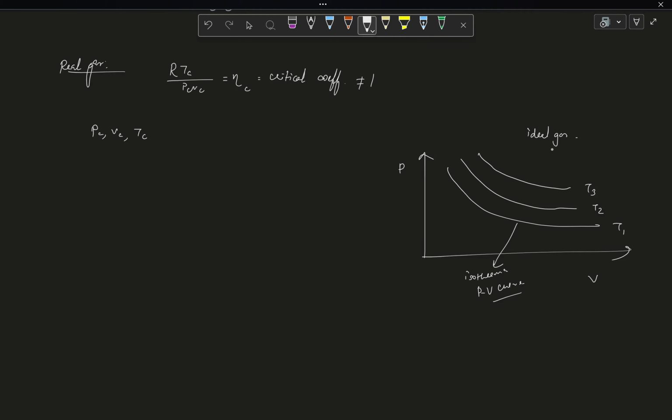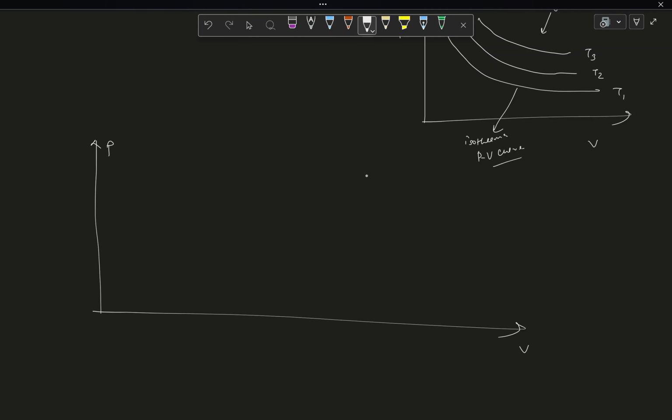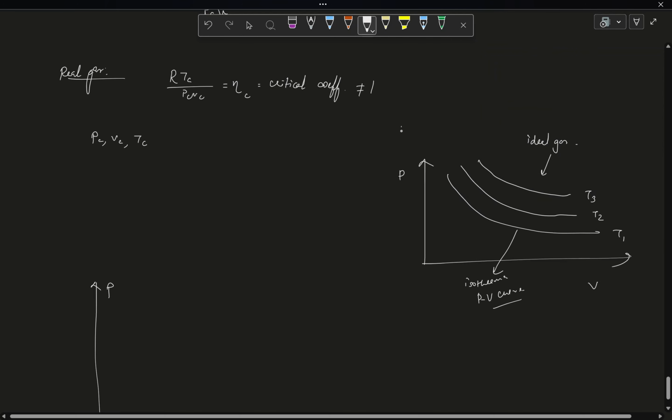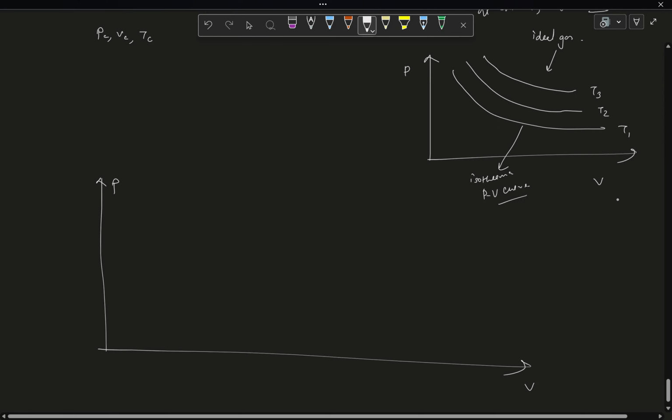Okay, this is the ideal gas behavior. If this is P and this is V, this kind of expression comes for ideal gas. Why? Because you know that PV equals RT for 1 mole of ideal gas. So at constant temperature, on an isotherm, P into V is just constant, which is the equation of a rectangular hyperbola.